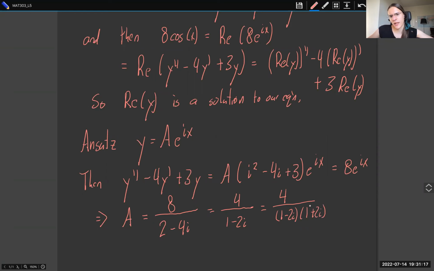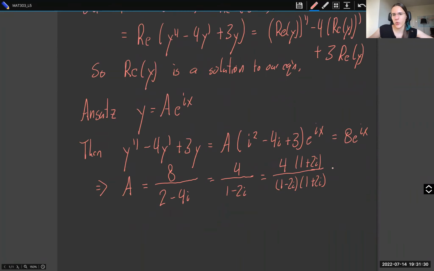So we're going to multiply top and bottom by 1 plus 2i. And it's the opposite of difference of squares factorization. It's sum of squares factorization. So here we'll get 4 plus 8i. And here we'll get 1 squared plus 2 squared, which is 5.